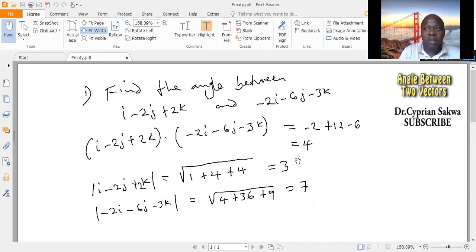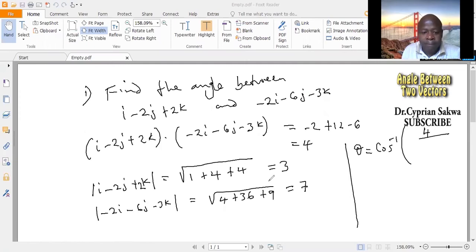Theta is cos inverse of the dot product, which is 4, over the magnitudes, 3 and 7.